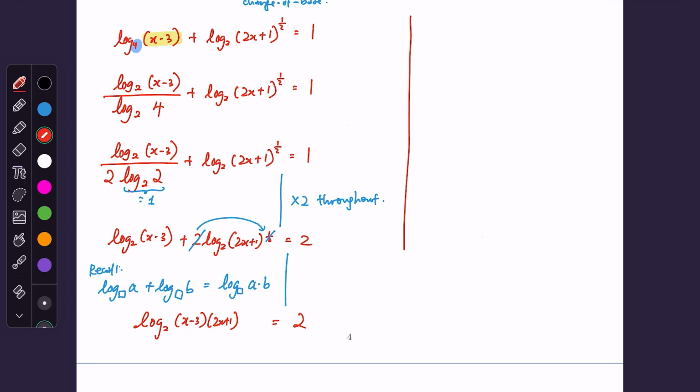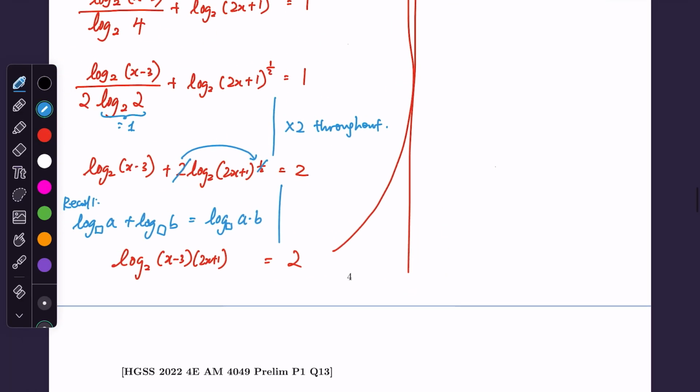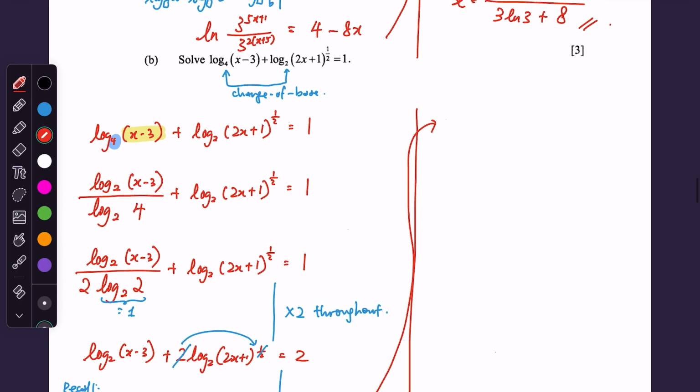Essentially, on the left hand side I put 2 to the power of the left hand side equals 2 to the power of the right hand side. The left hand side will have 2 and log base 2 cancel out, so I essentially take out this thing and it equals 4. It becomes just an algebraic equation to solve. So I have x minus 3 times 2x plus 1 equals 2 squared, which is 4.